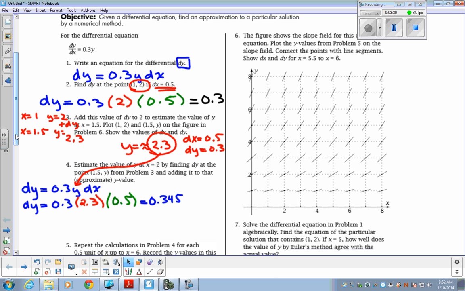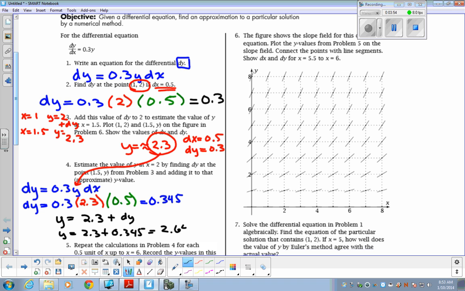which means I need to estimate now what the new y value would be. So that tells me that my y value is going to be the 2.3 that it was plus my dy, which is now 0.345. So the y value is 2.3 plus 0.345, which is 2.645.